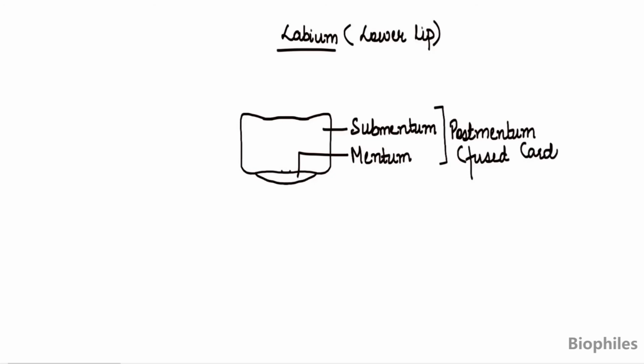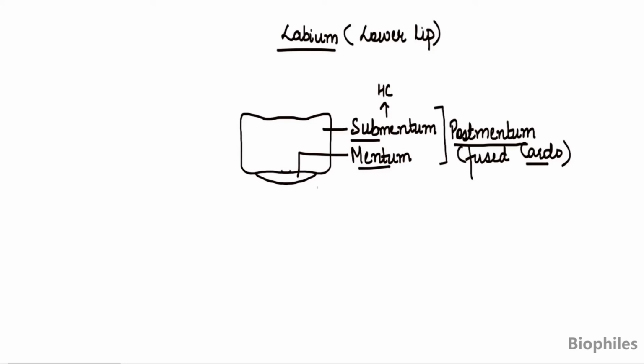So, at some point during the development of the labium of the cockroach, the cardo were separated. But as the cockroach matures, the cardo join together to form postmentum, and the postmentum comprises of submentum, which will articulate with the head capsule, and a mentum.